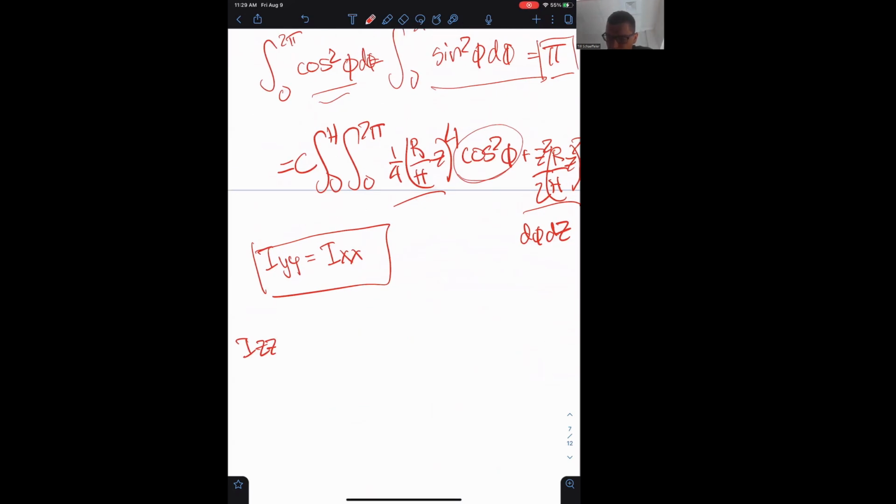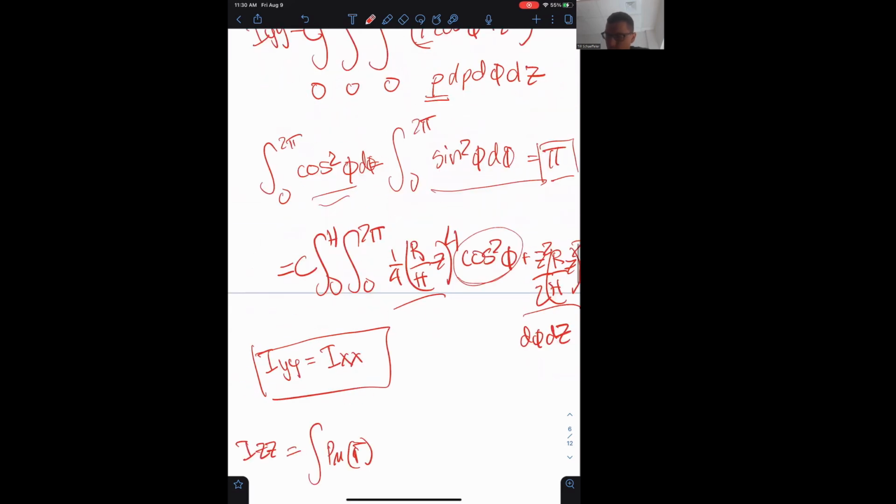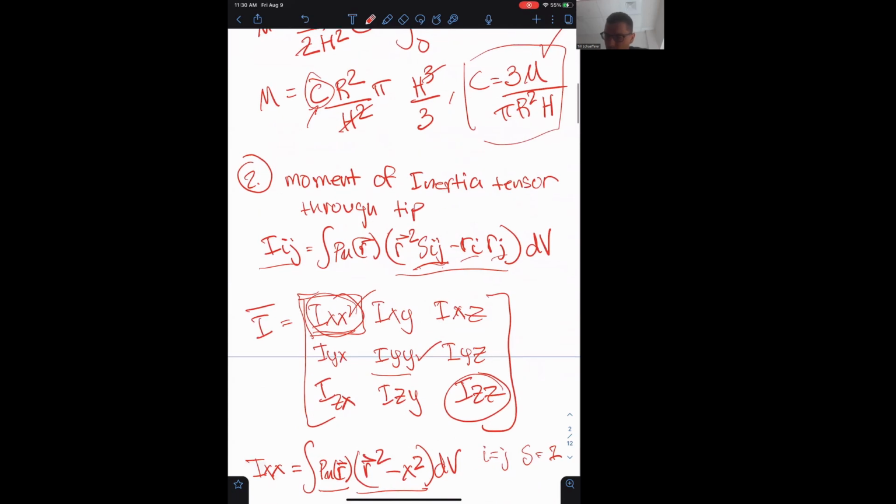So that is equal to, let's go all the way back to the formula quickly. So r squared, because i is equal to j again, z is equal to z, so this will give us 1.